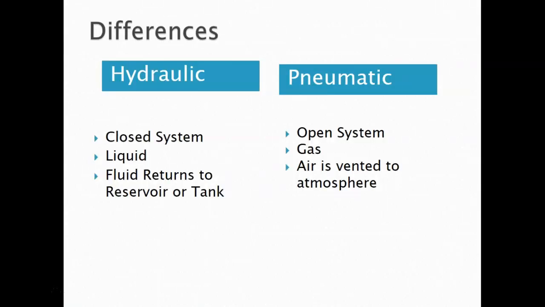Differences. So hydraulics, you have to have a closed system. Why? Because open systems would get very expensive very quickly. Pneumatics, you can use an open system because it's just using air. It's using atmospheric air. So it does not need specialized anything. It does not need to go back. Hydraulic is a liquid of some type, generally made of crude oil. Why do I say generally?